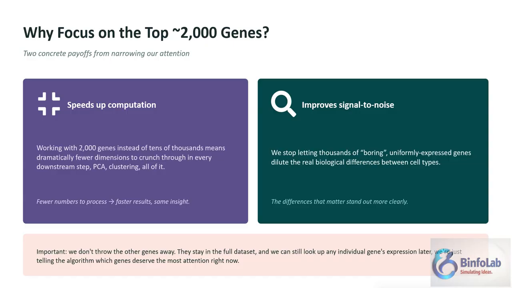As I said, housekeeping genes in every cell type are expressed almost uniformly, so keeping them homogenizes the whole data set. We also call it statistical noise, or boring genes.